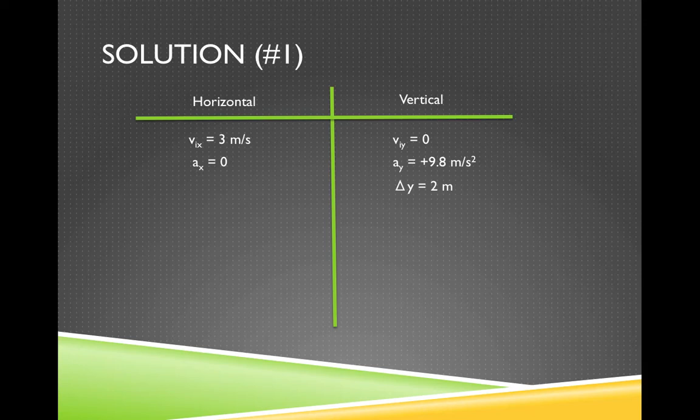Based on the information given and implied for the vertical dimension, we can solve for the time in the air. The formula that has the variables we need is the distance formula. I'm going to replace distance, d, with delta y, or the displacement in the y dimension. This is equal to V_iy t plus 1/2 a_y t squared, where V_iy is the initial velocity in the y dimension, and a_y is the acceleration in the y dimension.